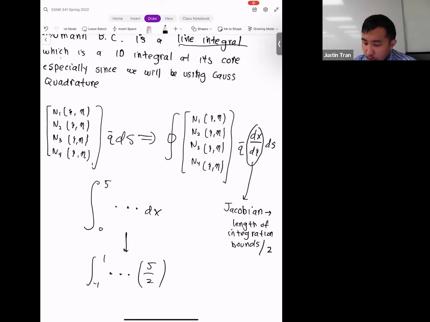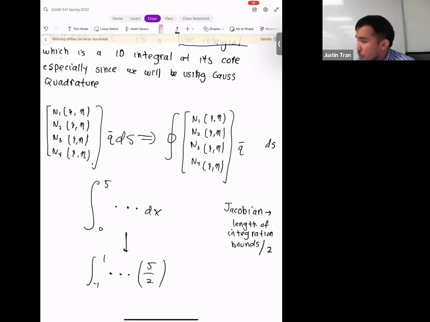When we're evaluating line integrals, we just make that substitution already. Instead of a generic dx or d epsilon, we just say this is going to be the length of the line divided by 2.